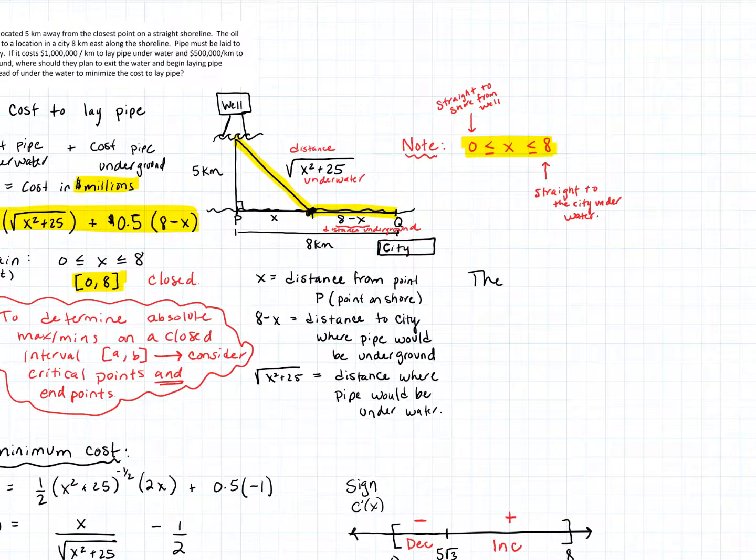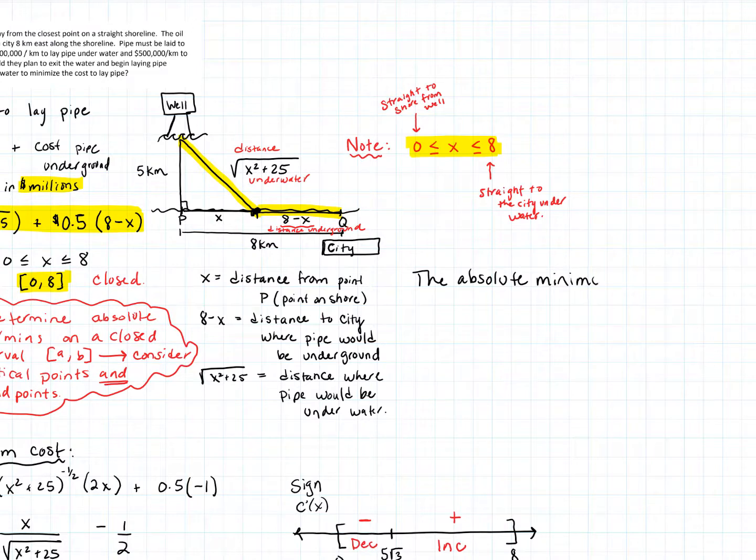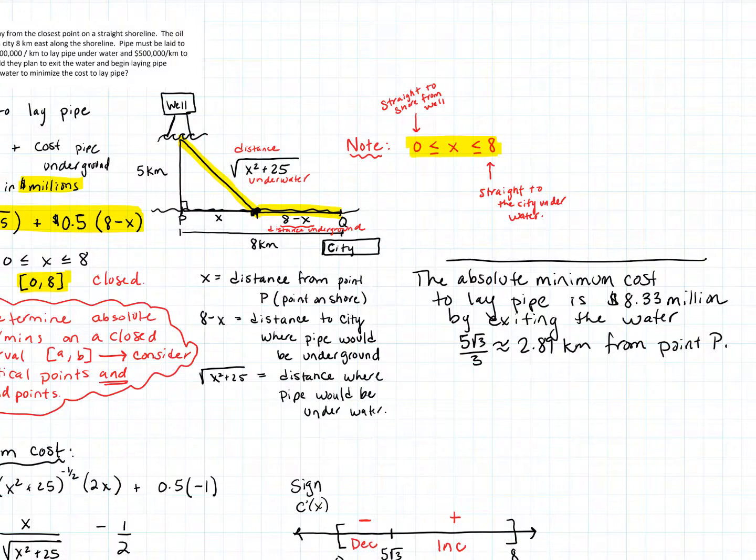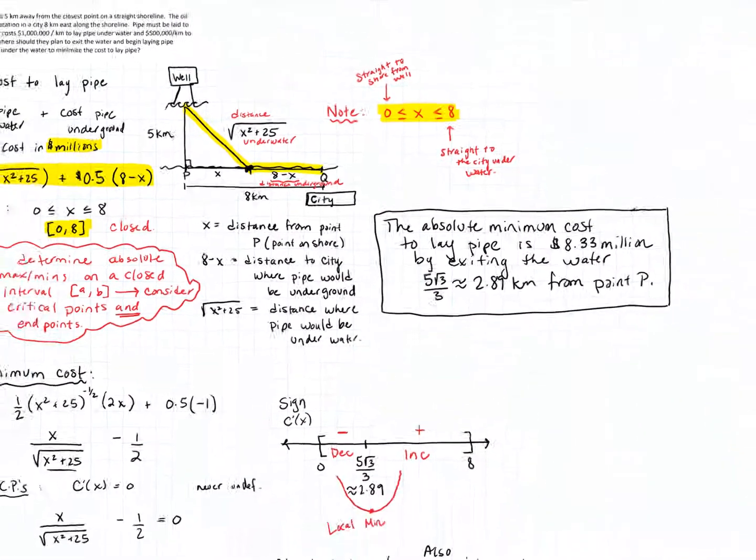So the absolute minimum cost to lay pipe is 8.33 million by exiting the water at, it's actually 5√3/3, which is approximately 2.89 kilometers from point P. And I won't redefine point P, we defined it in the picture, but point P is the point that is the closest point on the shore to the well. And that is our answer.